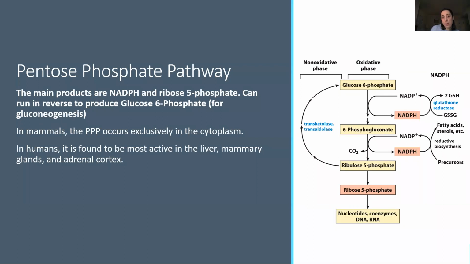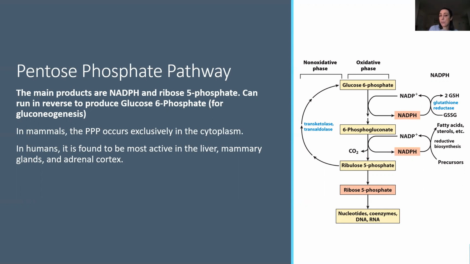Now let's talk about another pathway which has its fate tied to glucose. It is called the pentose phosphate pathway, or the PPP. The main product of the pentose phosphate pathway is another electron carrying molecule called NADPH, not to be confused with its close cousin, NADH.